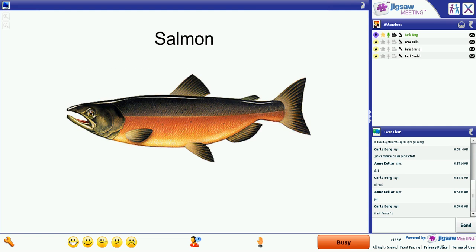So let's take a look at this fish right here. This fish is probably a fish that you have recognized. It is a salmon. I want you to take a look at the fins of this salmon. What type of caudal fin does this salmon have?